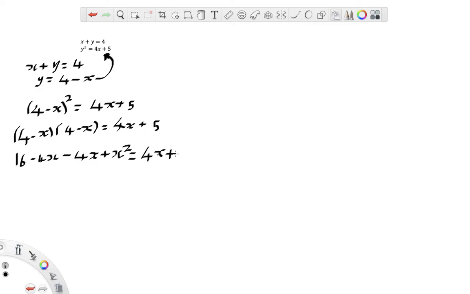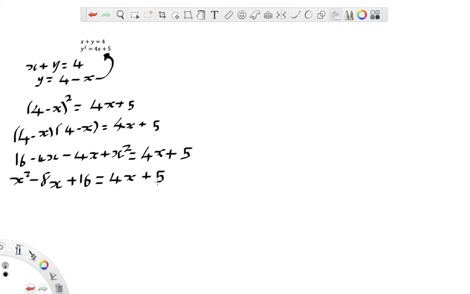Okay, what I'm going to do is collect some like terms on the left hand side first and rewrite it. So we've got x squared minus 8x, and plus 16 at the end. And that obviously looks more familiar and something that we're a bit more used to seeing. And that's equal to 4x plus 5.